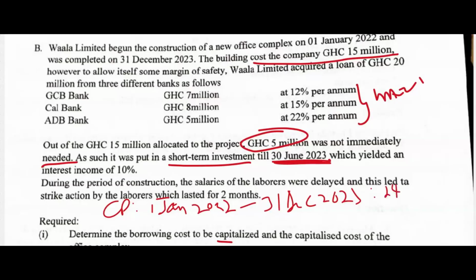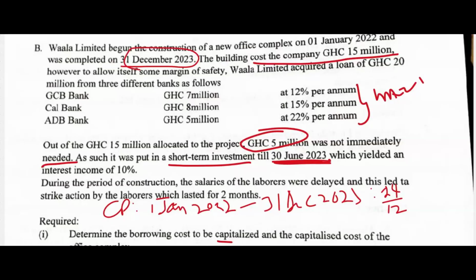So when you are computing, we'll make it 24/12. That will be the construction phase. If you are computing the time, it is called time apportionment. And mostly, you make the reports on 31st December 2023 because that is the latest year. So if you are preparing the reports, the financial statement will be for 31st December 2023.